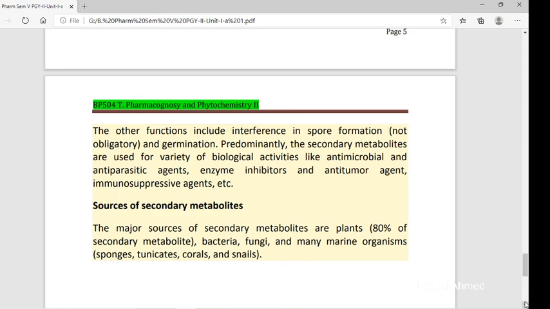Now, last, we have to know the sources of secondary metabolites. 80% of secondary metabolites come from plants. The remainder comes from bacteria, fungi, and many marine organisms, that is sponges, tunicates, corals, and snails.